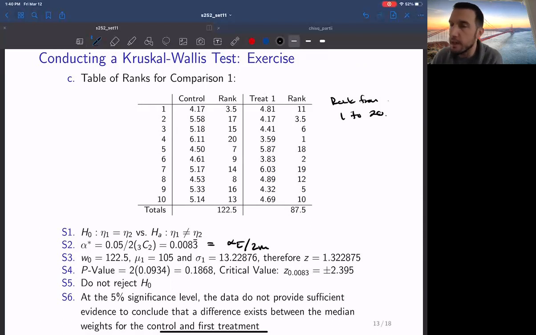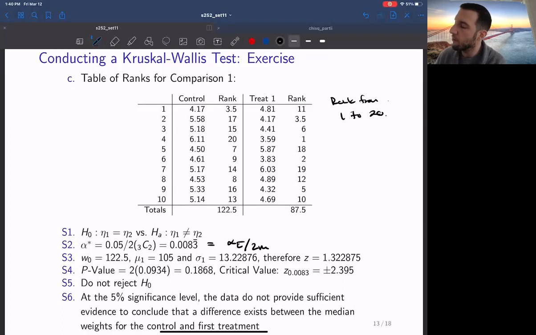On step 3, I'm using the normal approximation to the z-score. So I have W naught is 122, which is the sum of the ranks for sample 1. I have mu1 is 105, and sigma 1 is equal to 13.22876. These values are calculated using the formula given in lecture set 10 under the normal approximation to the rank sum test.